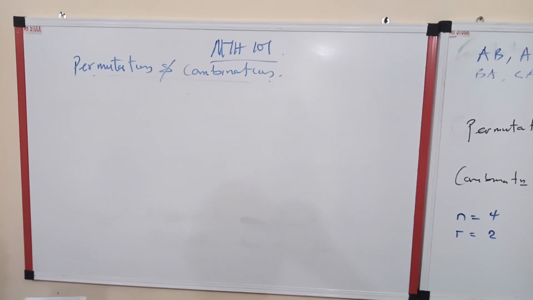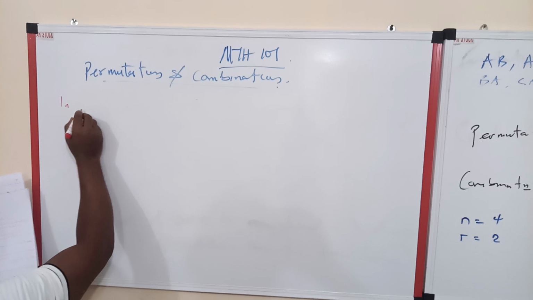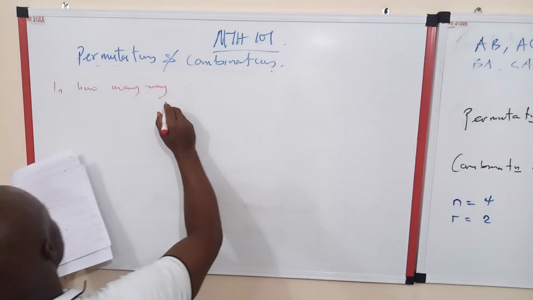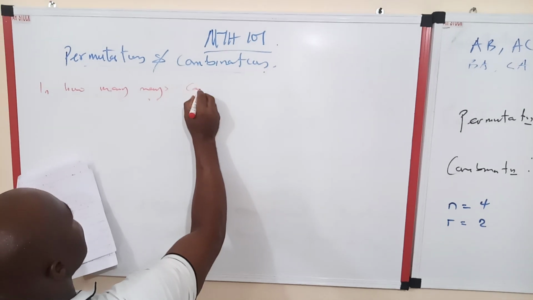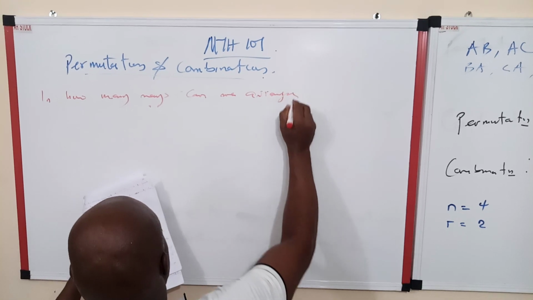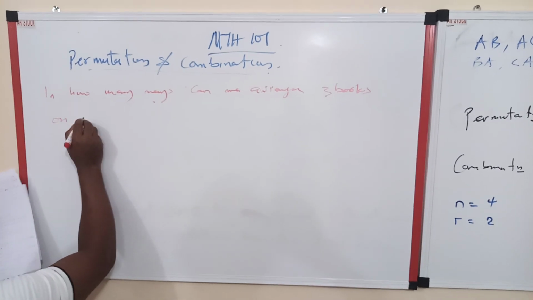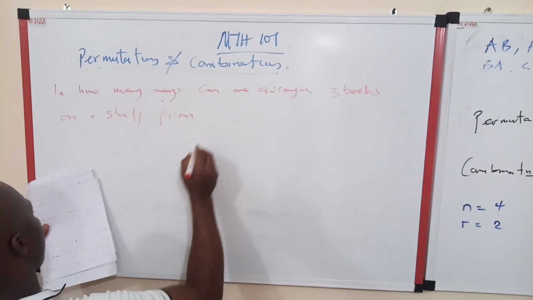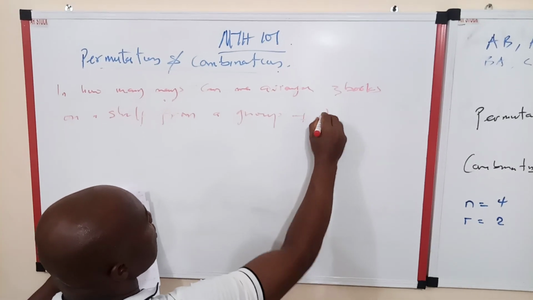Now, we say, in how many ways can we arrange 3 books on a shelf from a group of 7?